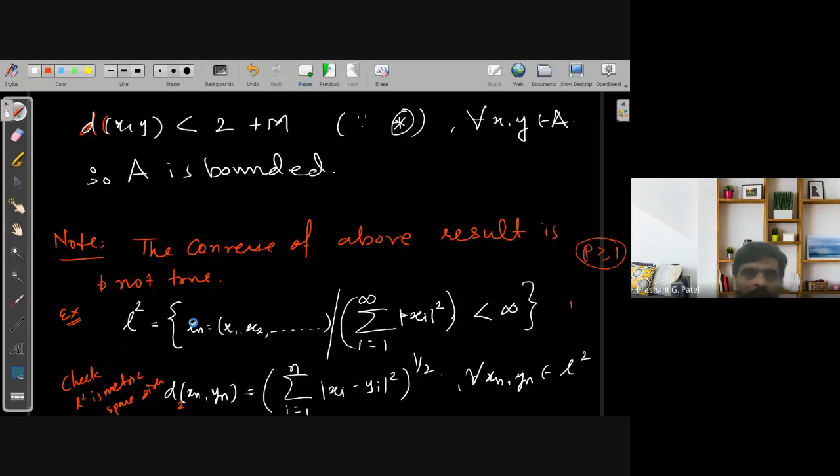And I will tell you that this example which I am discussing was once asked in the NET exam also. If I now define e1 as 1, 0, 0, 0 and so on, e2 is 0, 1, 0, 0, 0.